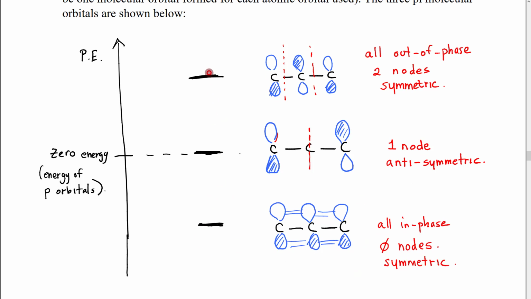These three orbitals with these three energies, we can then take the electrons and put them into these. Now, this explains the concept of delocalization, because when we do reactions, we react with an individual orbital.